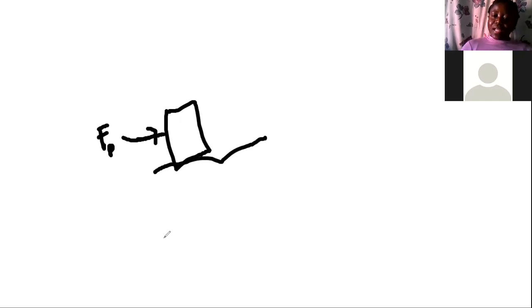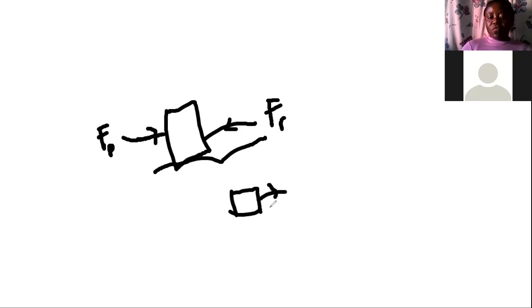Due to that friction, there is a friction force that is going to oppose the force that you are applying. As you move this crate with the force that you are applying in that direction, there is a force on this surface which is opposing that motion.